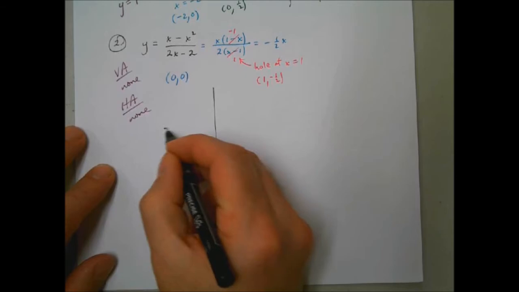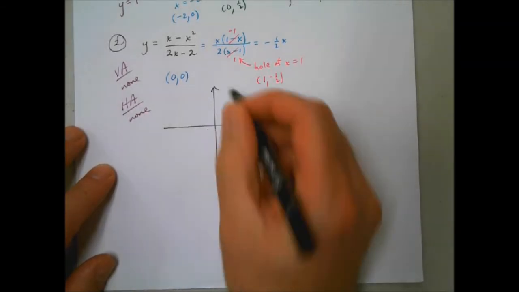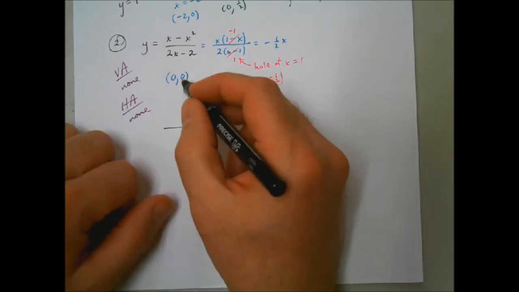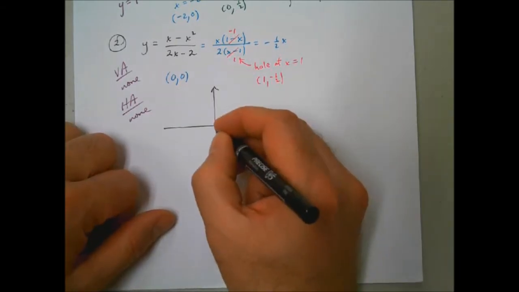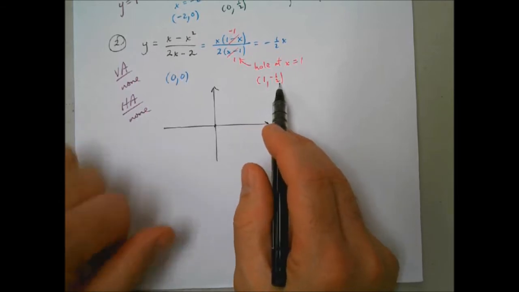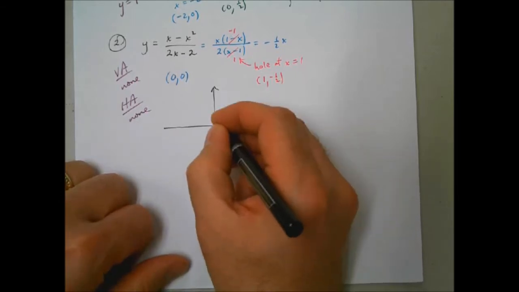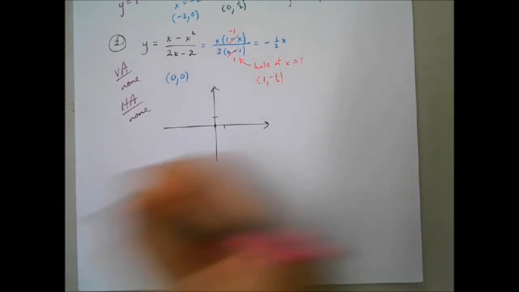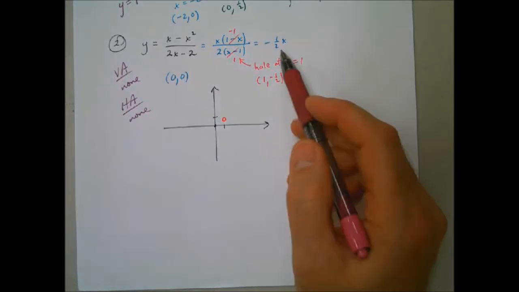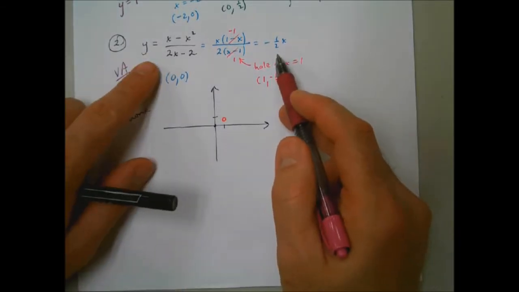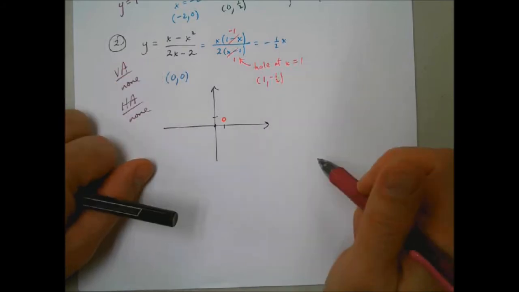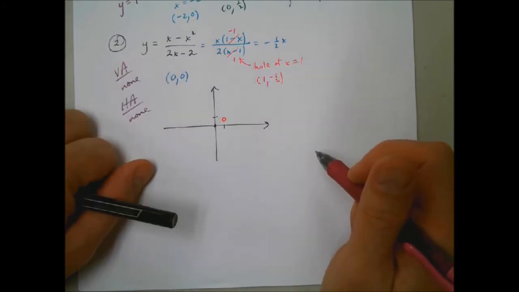Let's graph this. No asymptotes. I've got 0, 0. I've got a hole at 1, negative 1/2. And take a look, the equation reduced to y equals negative 1/2 x.